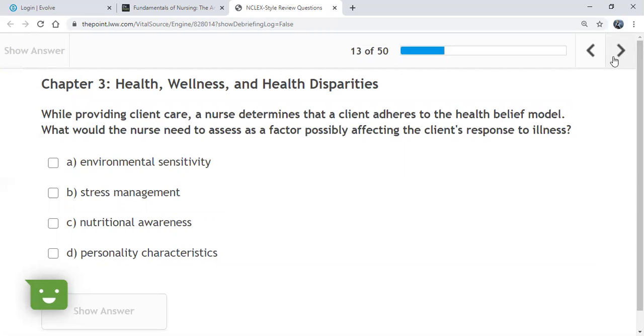A. Environmental sensitivity, B. stress management, C. nutritional awareness, D. personality characteristics. So how many think it's A?